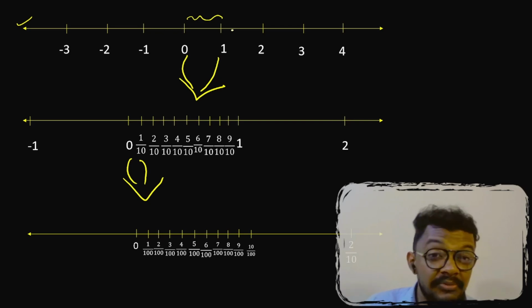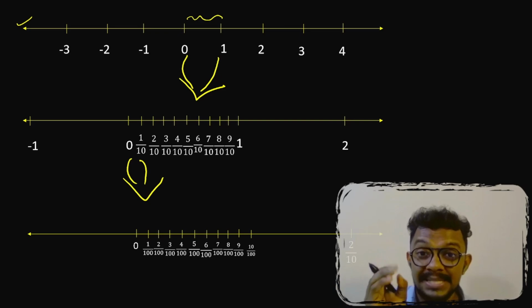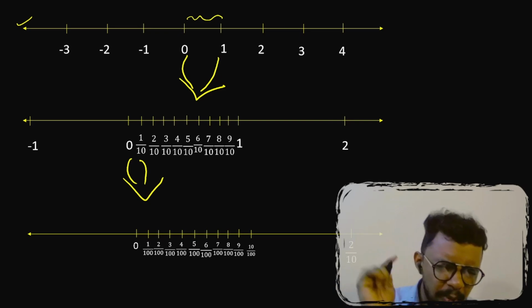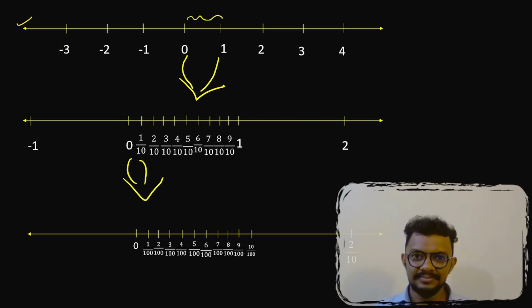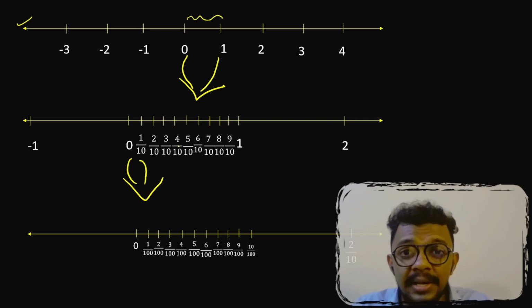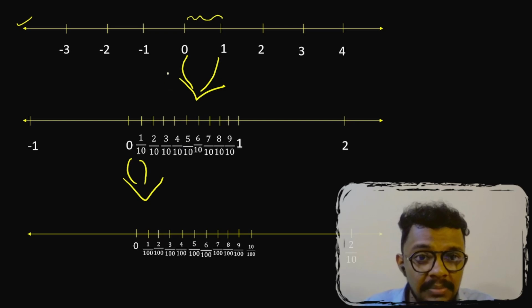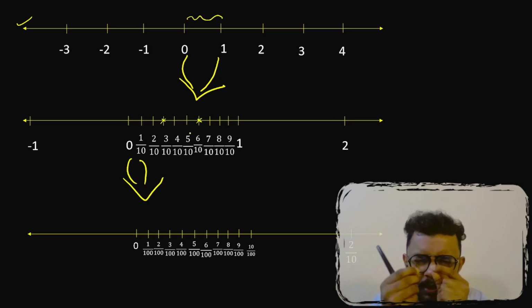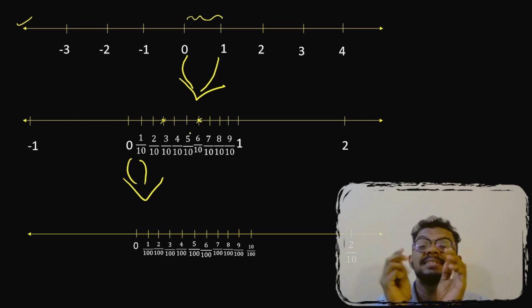Actually, there are infinitely many points on a number line, each point represents a real number, and corresponding to each real number, there is a point on the number line. Okay, that's another thing you should learn through the number line. If you consider any two rational numbers, maybe something like 3 by 10 and 6 by 10, doesn't matter how close they are, we can find another rational number between them.